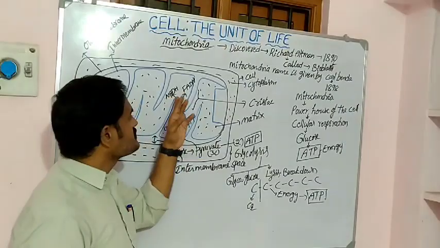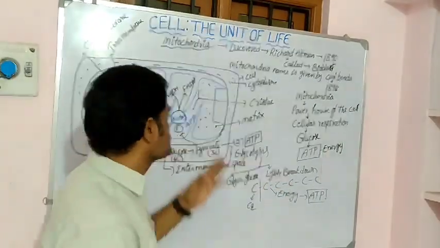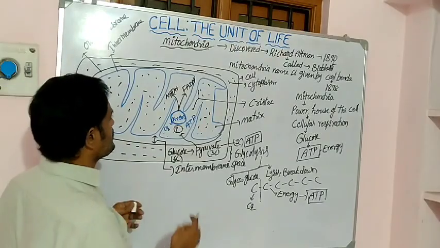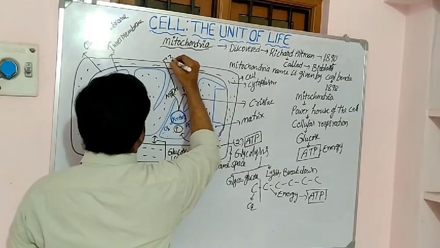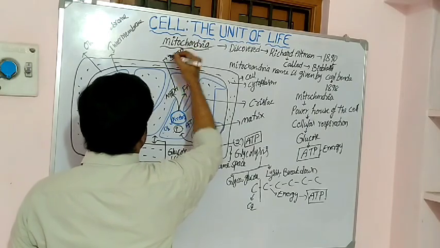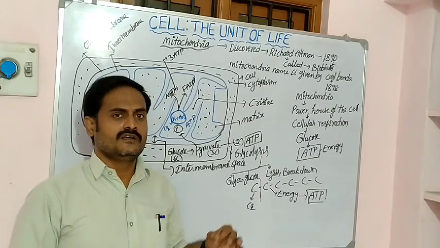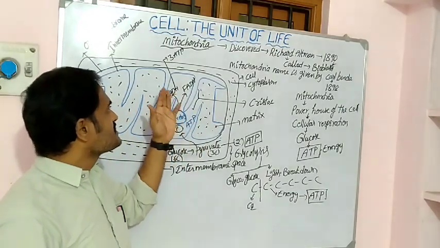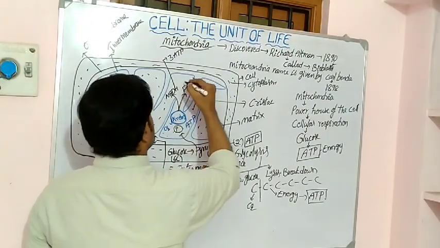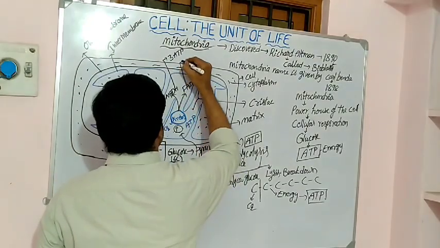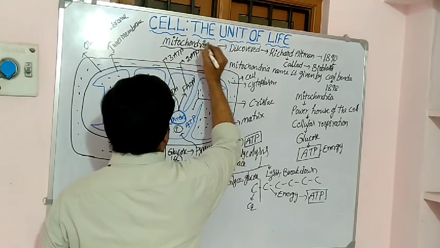That means they are responsible for the formation of ATP in further reactions. Okay, remember one thing. Each NADH molecule, after some reactions, gives 3 ATP molecules. Like that, each FADH molecule gives 2 ATP molecules.